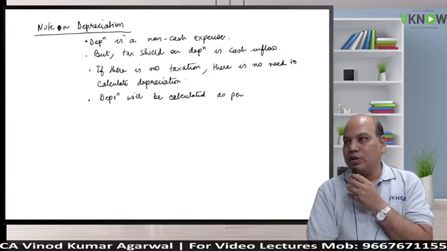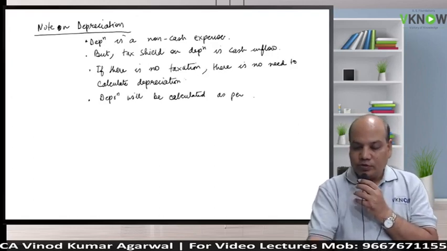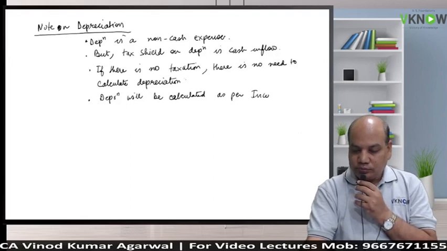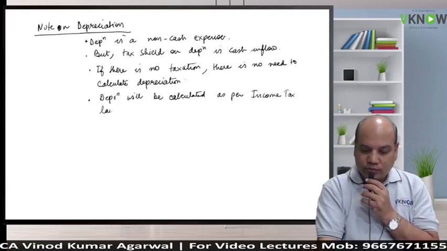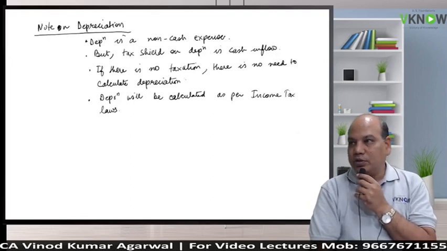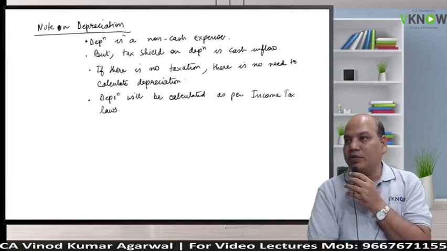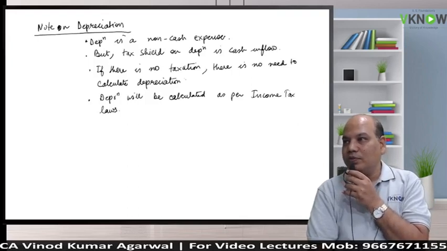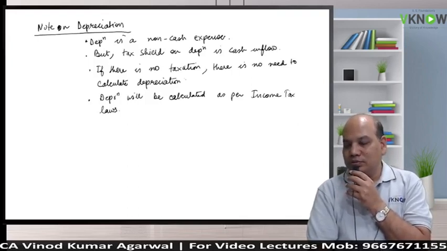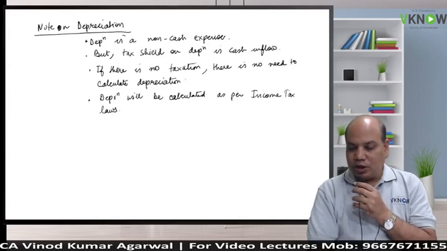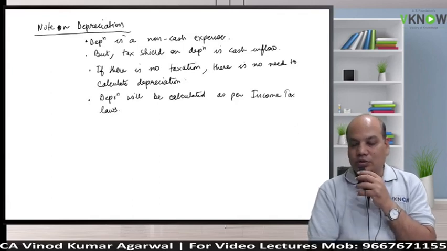Companies Act or Income Tax Act? As per income tax laws. Suppose in some question they give you 2 rates of depreciation, one as per books of account and one as per income tax law. We will take the one as per income tax law.